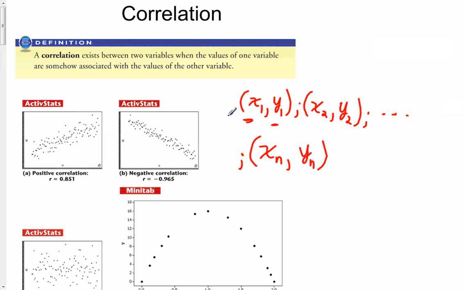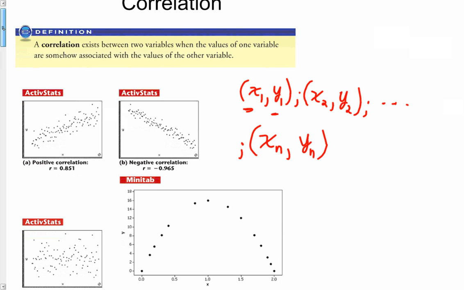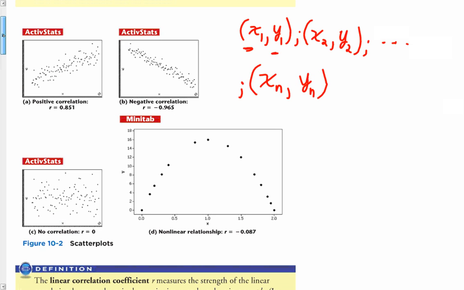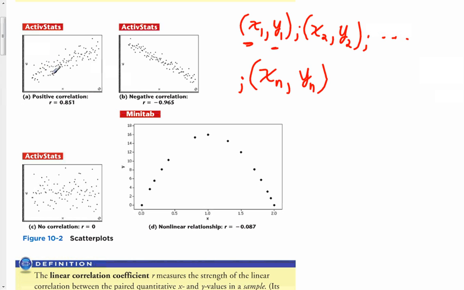Now, if you take a look at these scatter plots here, we have a bunch of ordered pairs. However many ordered pairs we have here, that would be the number n, or the number of data values.